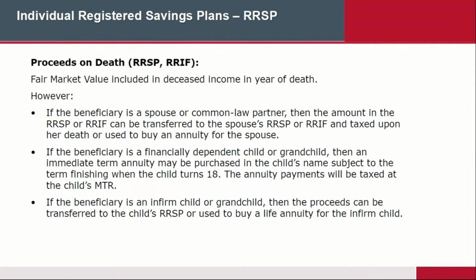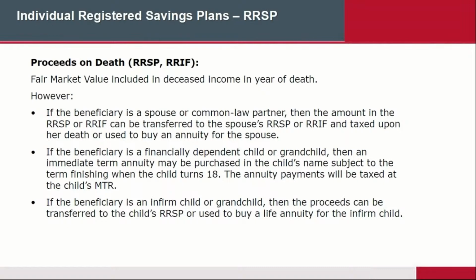Second exception to the rule: if the beneficiary is a financially dependent child or grandchild, then an immediate term annuity may be purchased in the child's name, subject to the term finishing when the child turns age 18. The annuity payments will be taxed at the child's MTR, marginal tax rate.